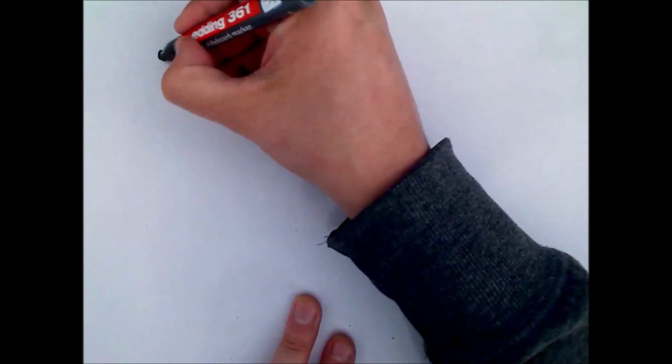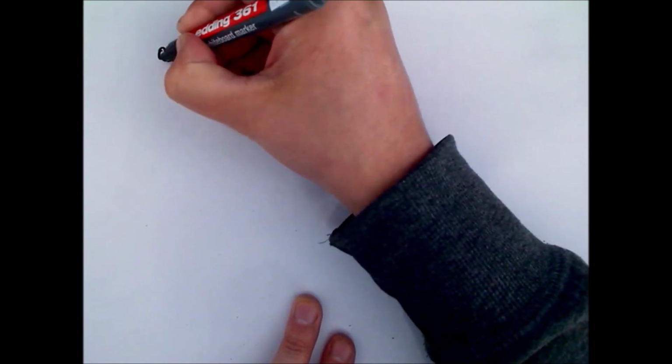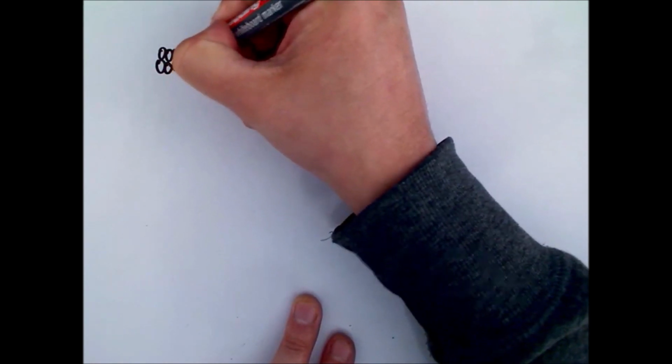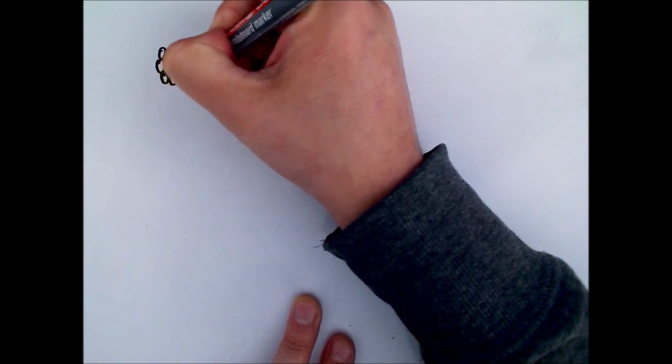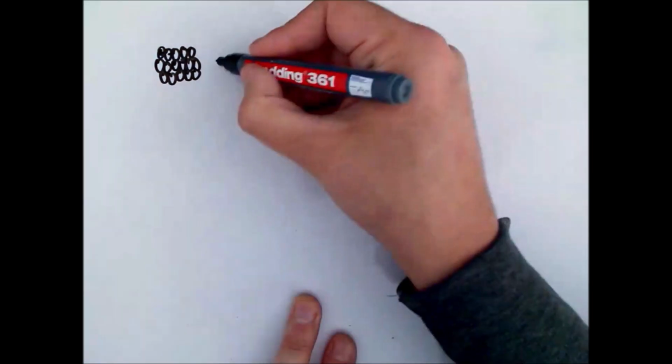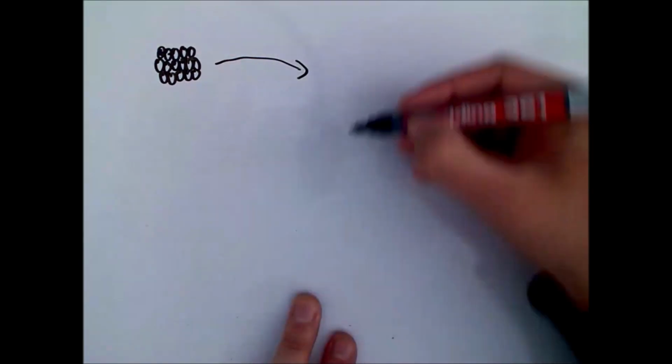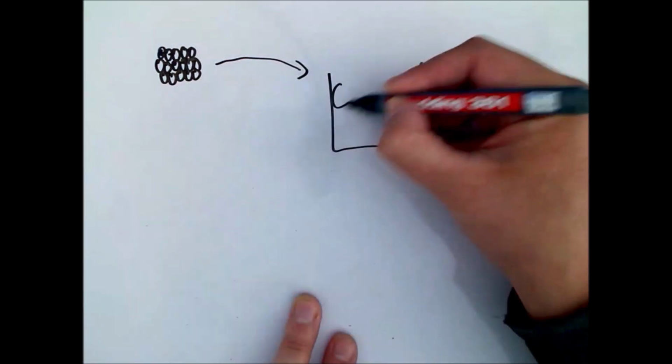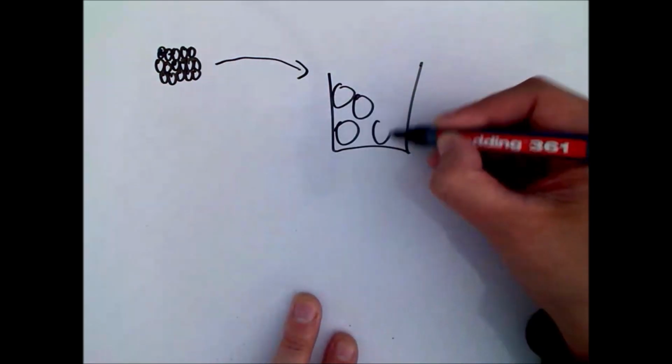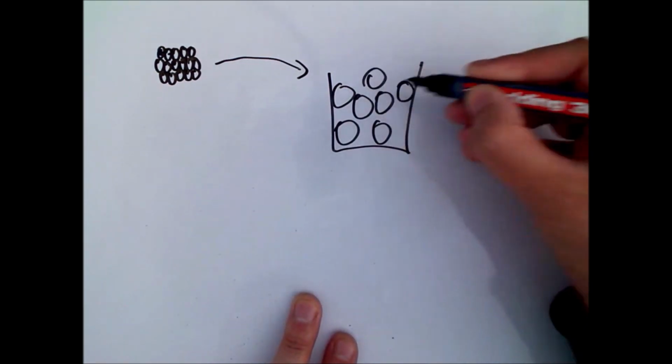So if we start with our giant ionic lattice, those positive and negative ions in there, we could label them all up. It's positive and negative. We put those into our water. So these molecules here are our water molecules.